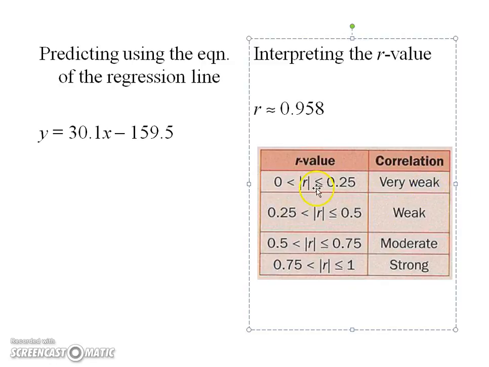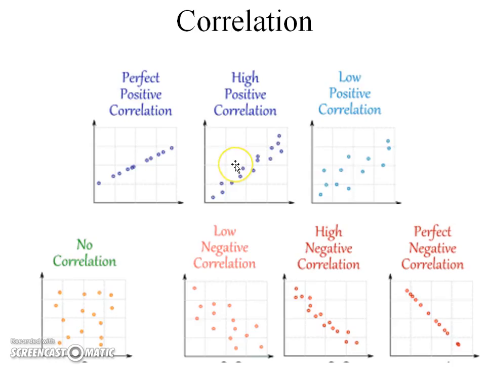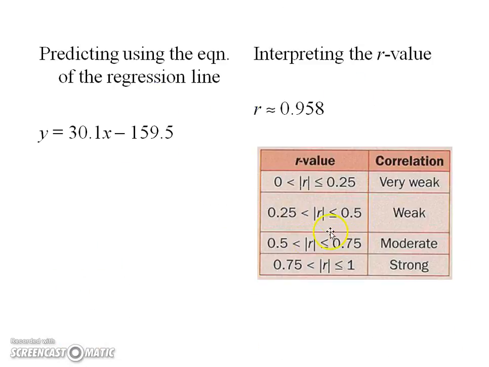Now, be careful with this. We're talking about the absolute value of R. Why do you think they have the absolute value sign? Think about it. How many types of correlation do we have? Overall, we have positive correlation and negative correlation. The absolute value sign will take care of it.